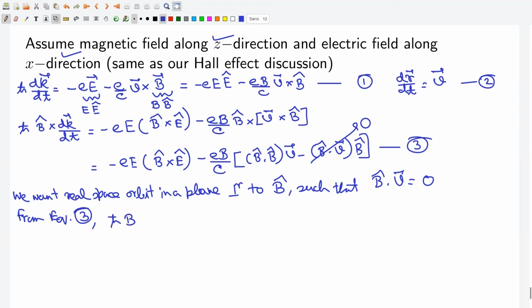h bar B hat cross dk dt is equal to minus e times capital E B hat cross E hat minus eB by C. B hat dot B hat is 1, and in place of V I just write dr dt.